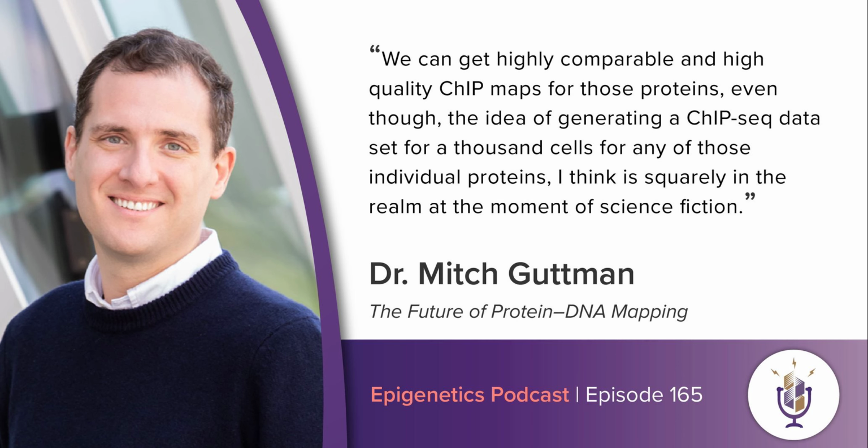And what you need is your signal to be higher than your background, and your background level is going to be some fixed amount, and your signal will be relatively low because you have very few cells in there, and the actual target DNA sites are a very small fraction of the total DNA. And so it's often very hard to clearly separate the signal from noise when starting with small amounts.